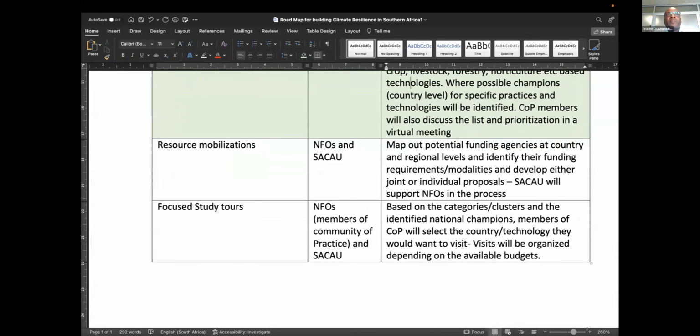But in most cases, if you approach donors or development agents and say, we want to do A, B, C, D, they always ask you for a business plan or an action plan. They want to go through it and evaluate it and see if it's going to be worth funding, for example.